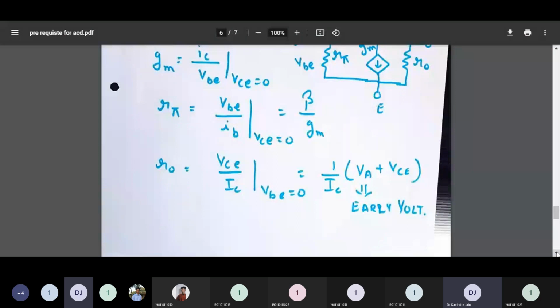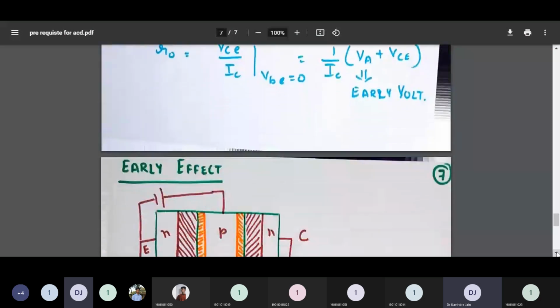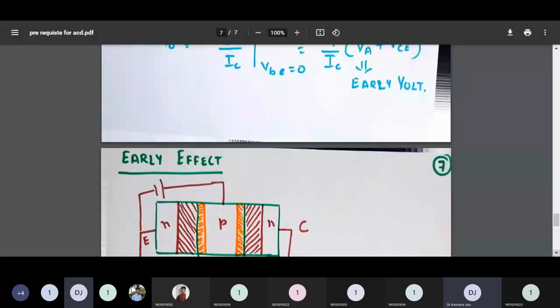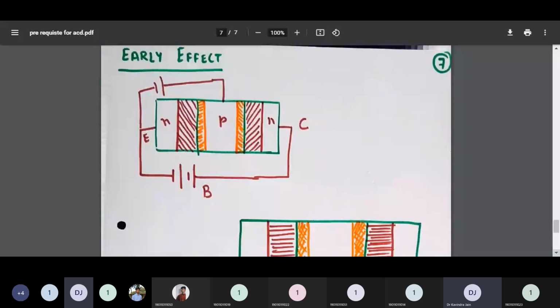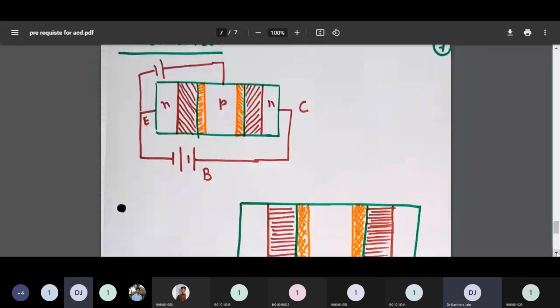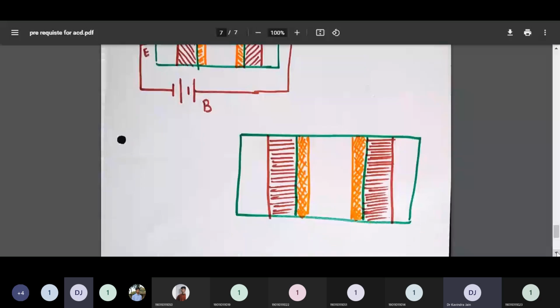Early effect is nothing but variation in effective width of base in BJT due to variation in applied VBC. Greater reverse bias across CB junction increases CB depletion width, and hence decreases the width of charge carrier portion of base.